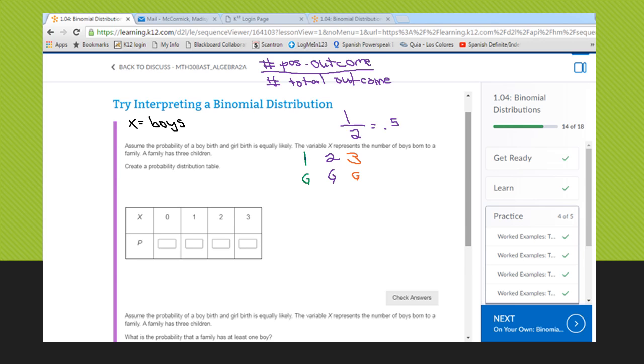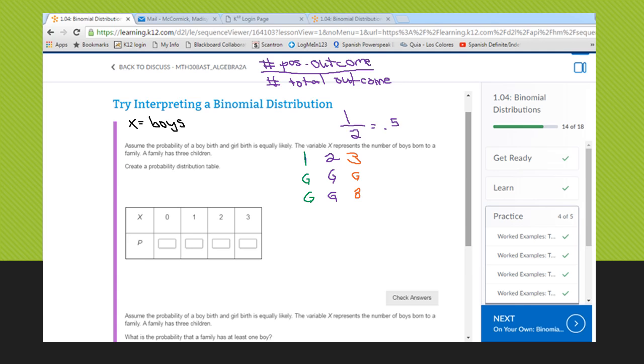If we have 1 boy in our situation, though, that boy could either come first, second, or third. So we could have a boy here. This would be a girl. And this would also be a girl.